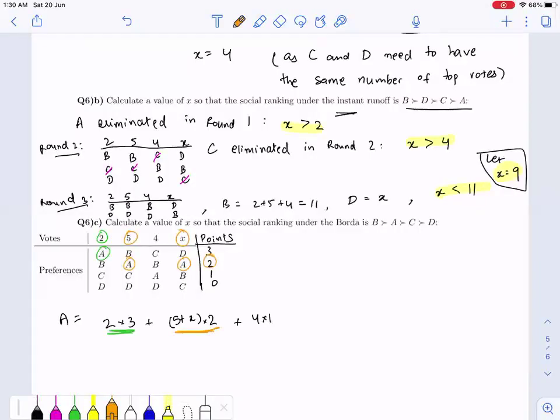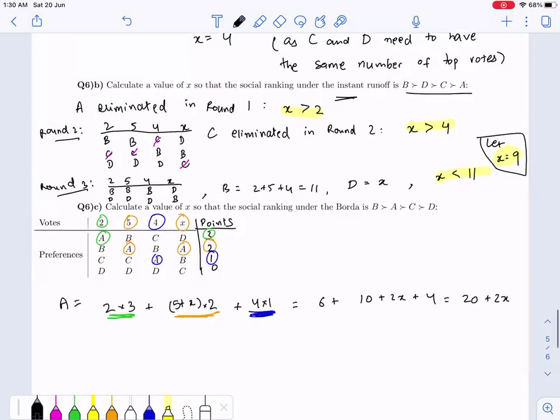So 5 plus X times 2 for the weight for the second top choice, and then 4 votes for A as their second last choice. So this is 6 plus 10 plus 2x plus 4, which is 20 plus 2x. Okay. Now let's do the same thing for B, C, and D.